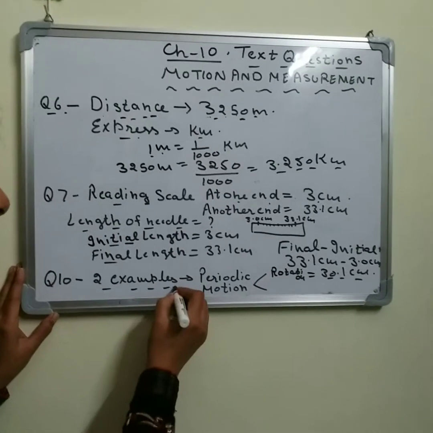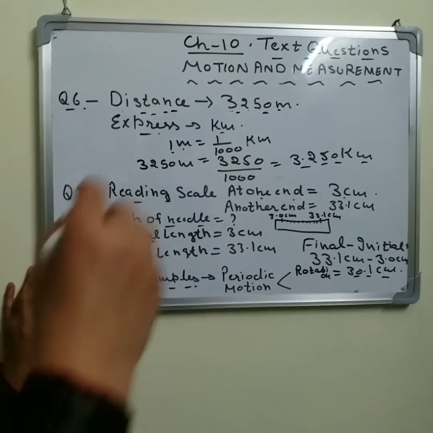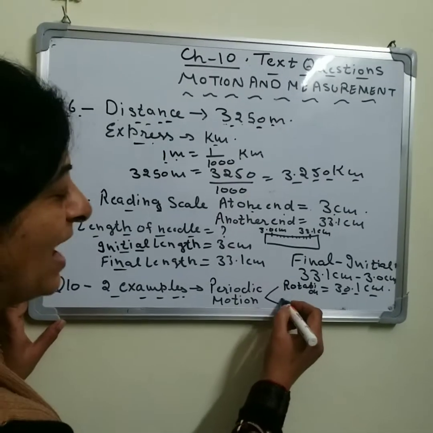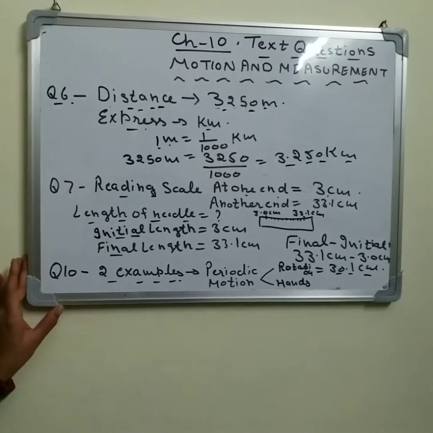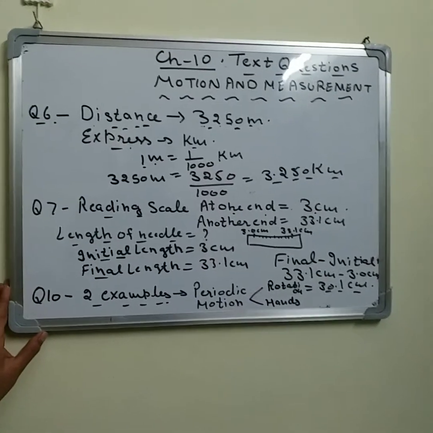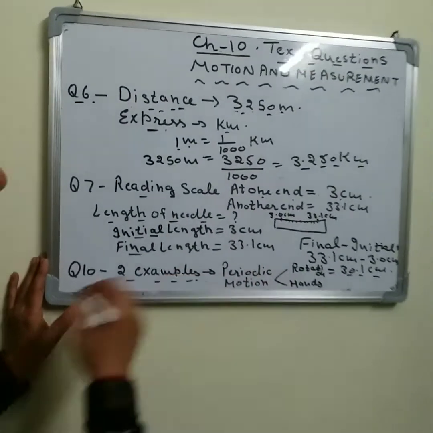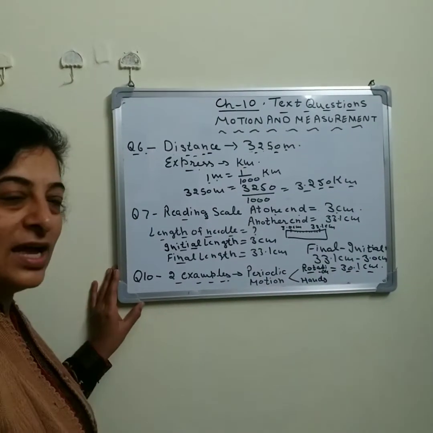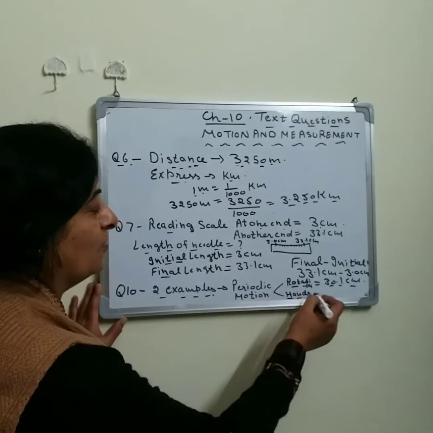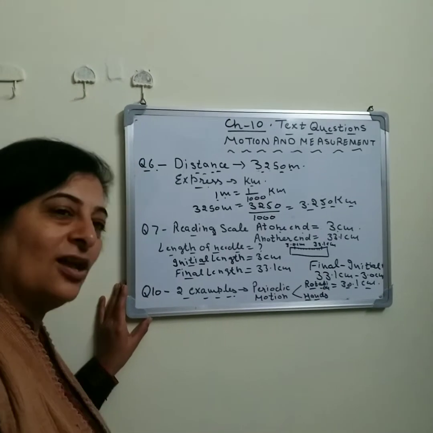Next, the hands of a clock, the minute hand, always show periodic motion. So these are the 2 examples of periodic motion: rotation and revolution of the earth, and the motion of the hands of a clock.